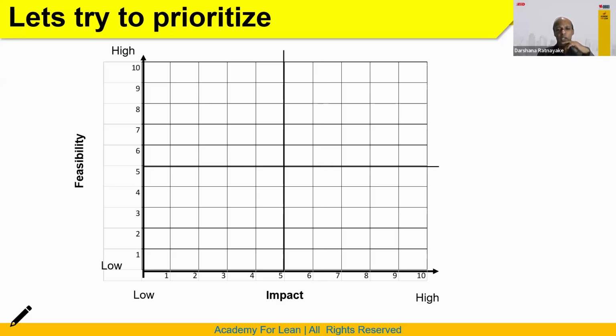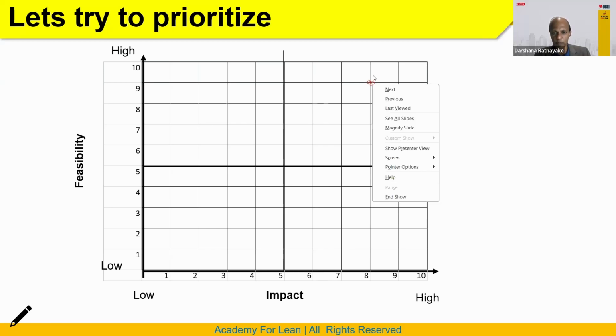You say it's easy, 9. Then you decide, if we do this project, what is the impact for our objective? You say there's a big impact. What does big mean? On 1 to 10, it's like 8. Right, okay. So now 9, 8.